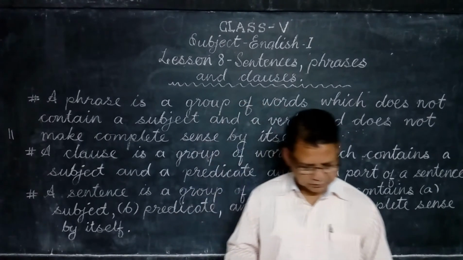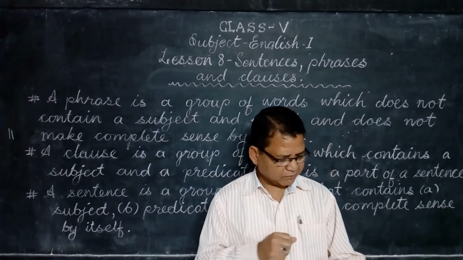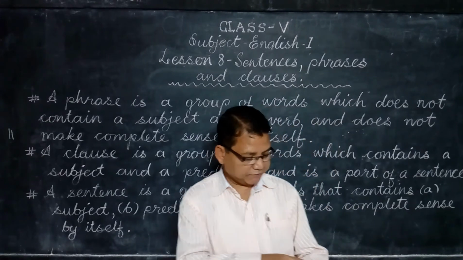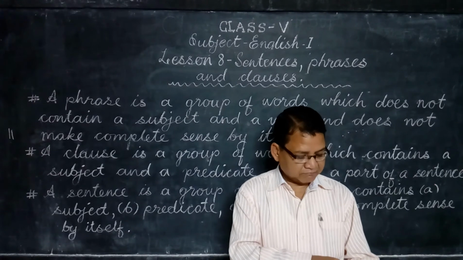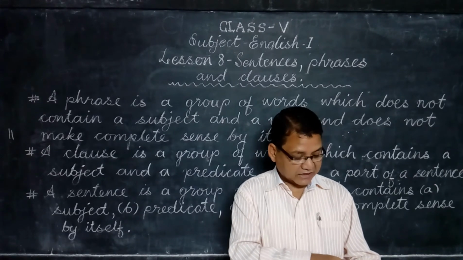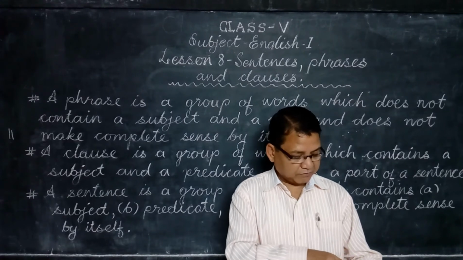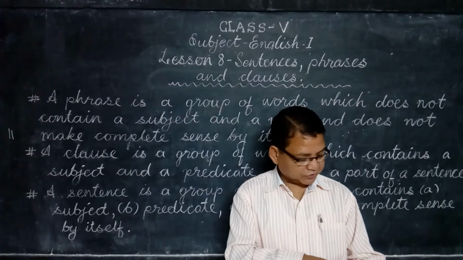Let us see the examples. The man was carrying a bag. The bag was full of money. In the first there is a subject, man, and a predicate, was carrying a bag. In the second there is a subject, bag, and predicate, was full of money. Moreover, each makes complete sense by itself. So each is a sentence.